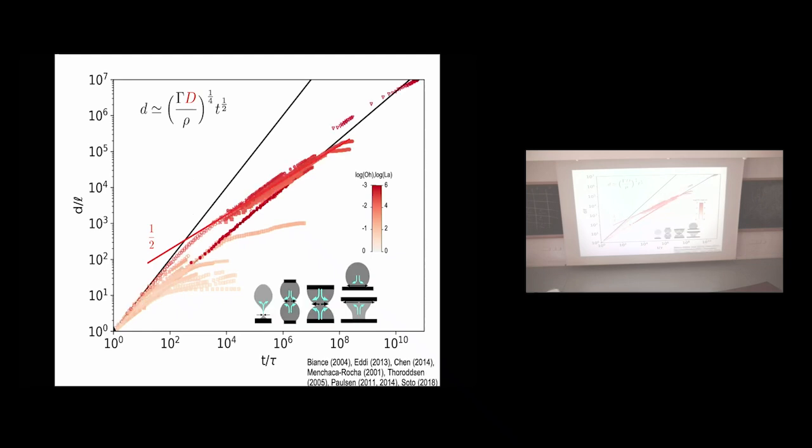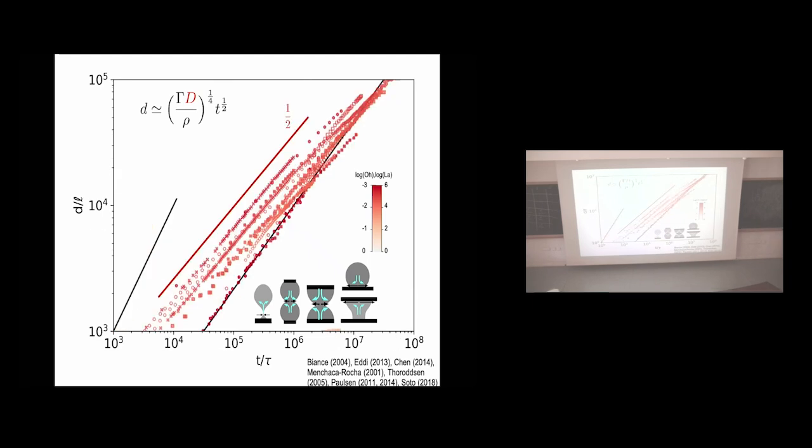So here I just added a bunch of data. I'm going to zoom in so you can see a little bit better. You have a bunch of data on this plot that don't follow any of the lines we've drawn so far. If I zoom in a bit more, what you see is a bunch of different lines of slope 1/2 with different prefactors, the value of the prefactors being set by this.